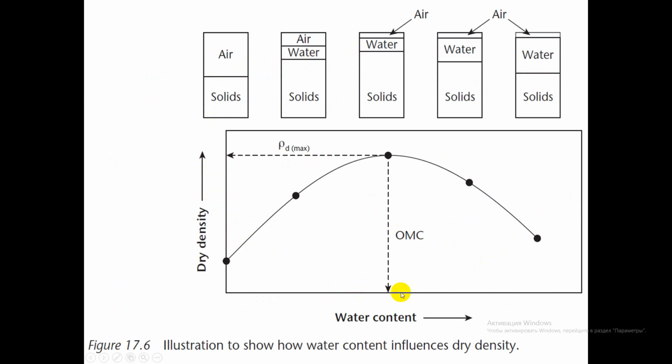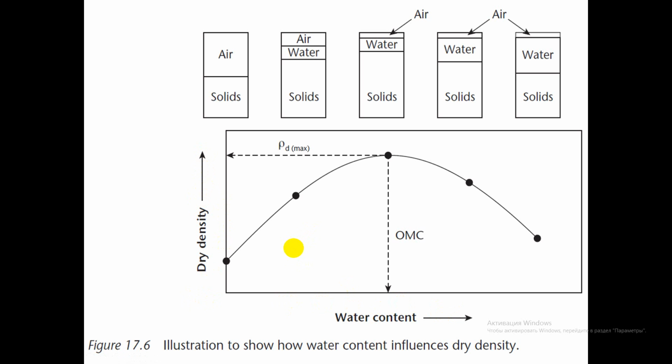This illustration shows how water content influences dry density. A soil compacted dry will reach a certain dry density.